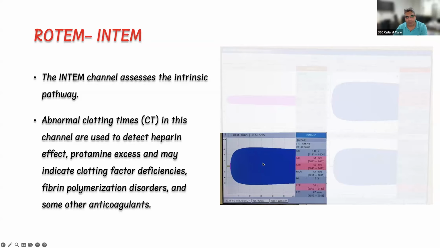Anything that causes an abnormal intrinsic pathway will be shown in this channel. So whether it is heparin, protamine excess, clotting factor deficiency, a fibrin polymerization disorder, or any other anticoagulant affecting the intrinsic pathway, you will find an abnormal INTEM. Okay, an intrinsic pathway problem, right?